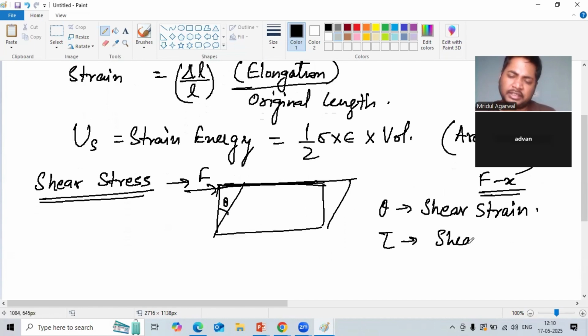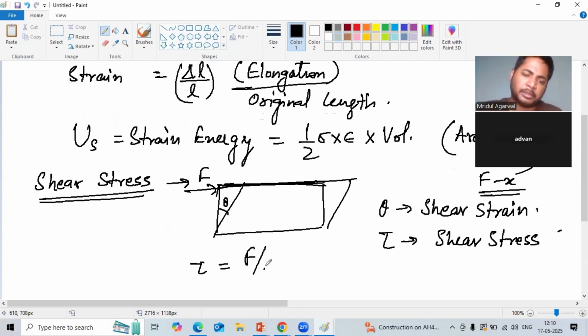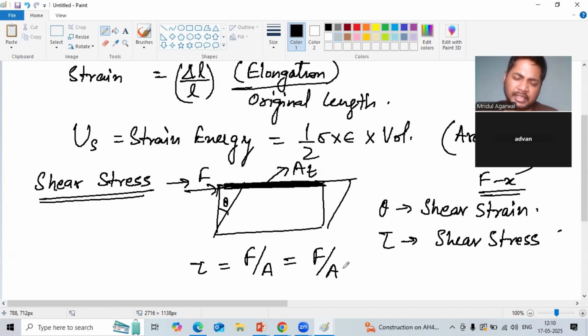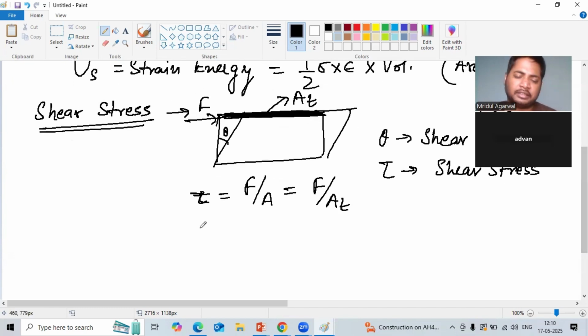This shear stress is given by tau is equal to force which you are applying divided by tangential area. So force by tangential area is the shear stress, and theta is your shear strain.